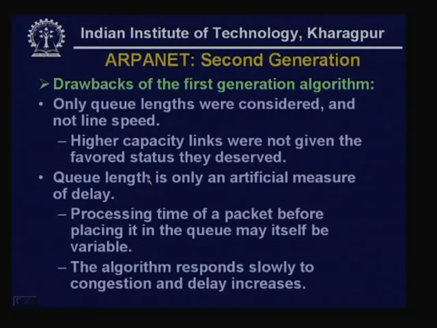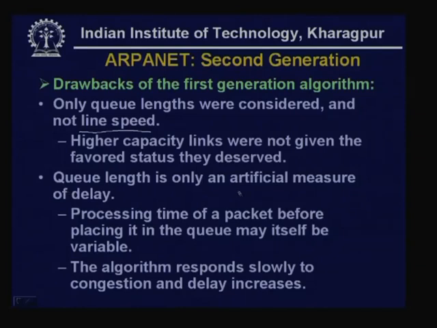Whenever the second generation approach was decided, the drawbacks of the first generation algorithm were evaluated. The drawbacks are that only queue length was considered and not the line speed. When the first generation technique was developed, in those days the links were of low bandwidth, low data rate.